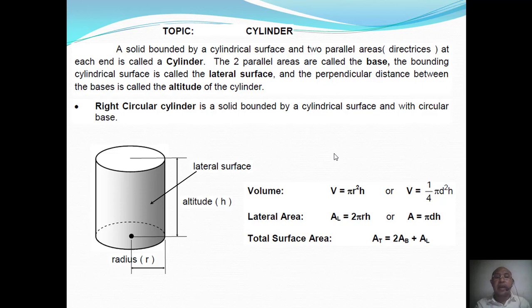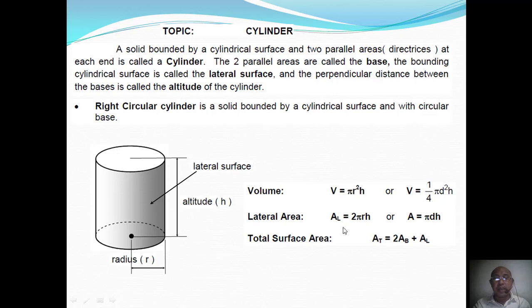Only that when you say cylinder, you may think that the base is a curved circle, but with a prism, you may think that the base is a polygon with straight edges. But the two mean the same. So volume equals pi r squared h, the area of the base times height, where the area of the base is 1/4 pi d squared.